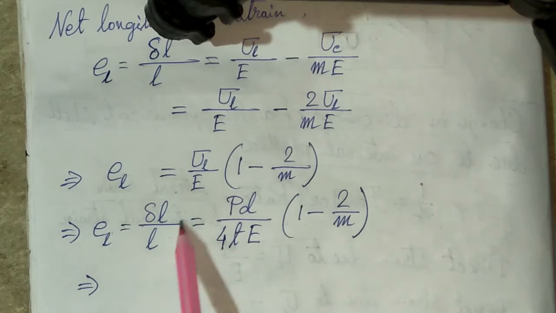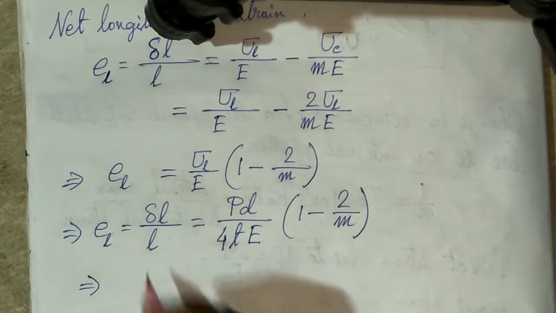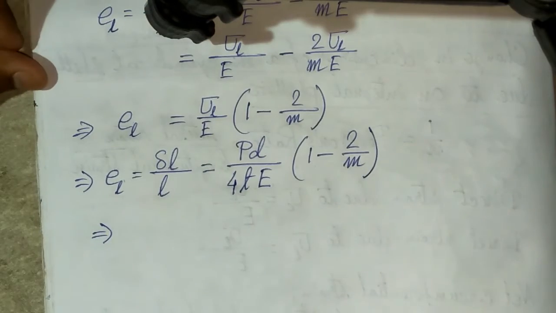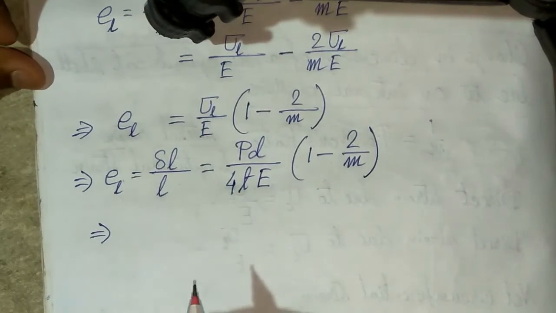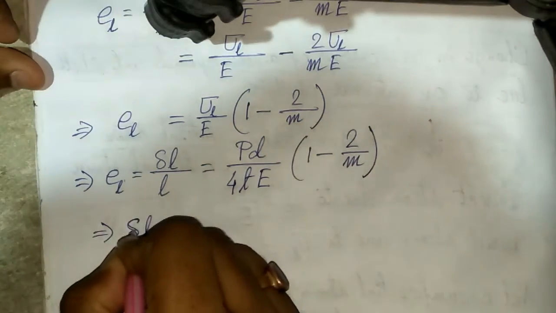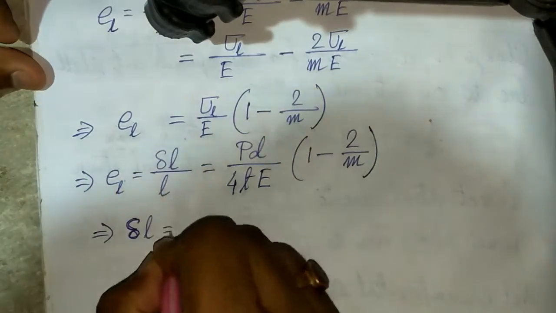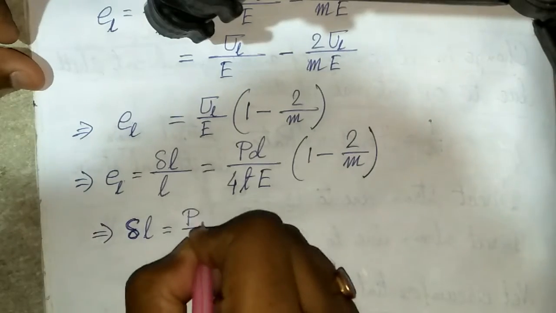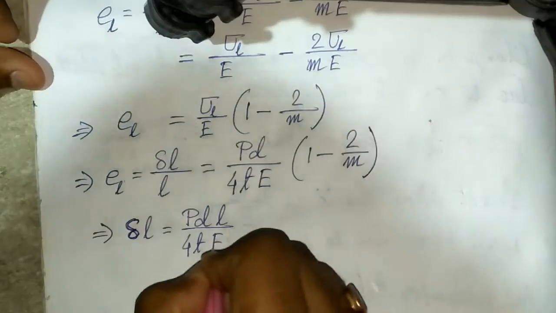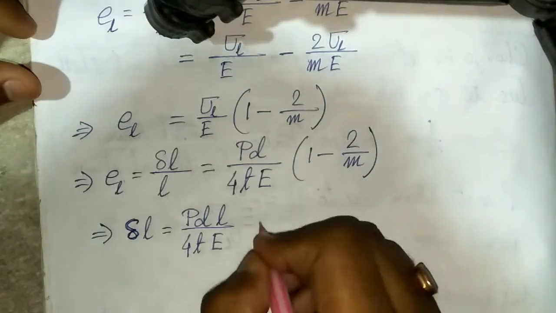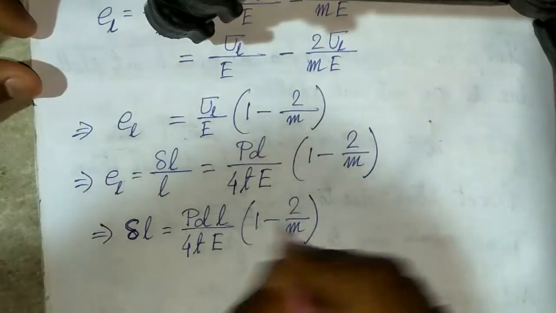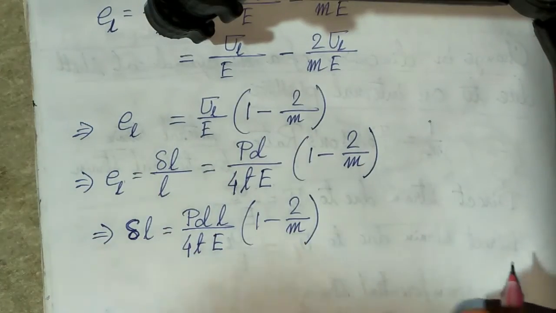From this expression we can write the value of delta L, the change in length. So the change in length, delta L, becomes pd into L by 4tE into 1 minus 2 by m. This is the expression for change in length.